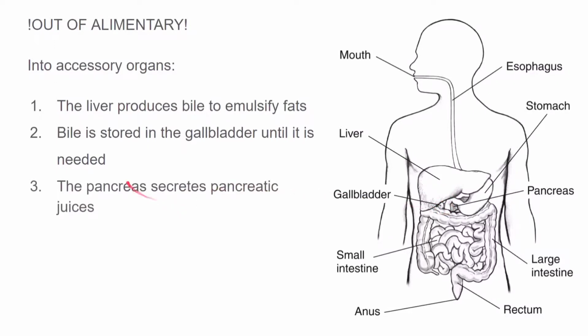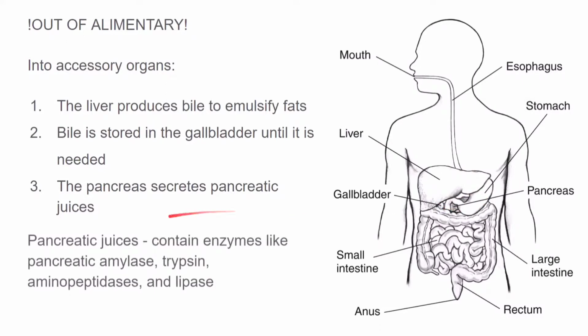And so at the same time, our pancreas is secreting pancreatic juices. So our pancreas is behind our stomach here. And these pancreatic juices contain enzymes. And these enzymes include pancreatic amylase. So this is to continue the process of digestion of starch into maltose if it did not completely finish in our mouth with the salivary amylase.